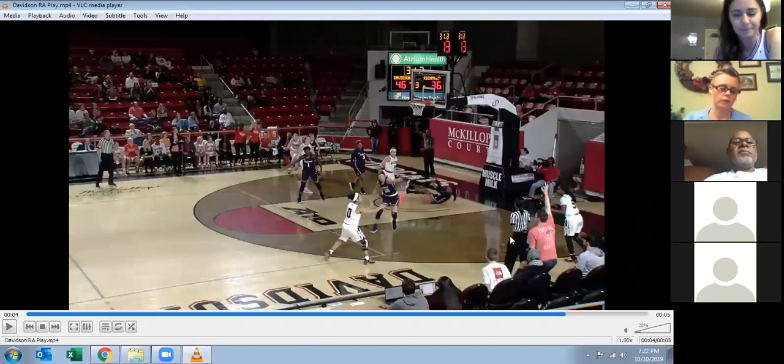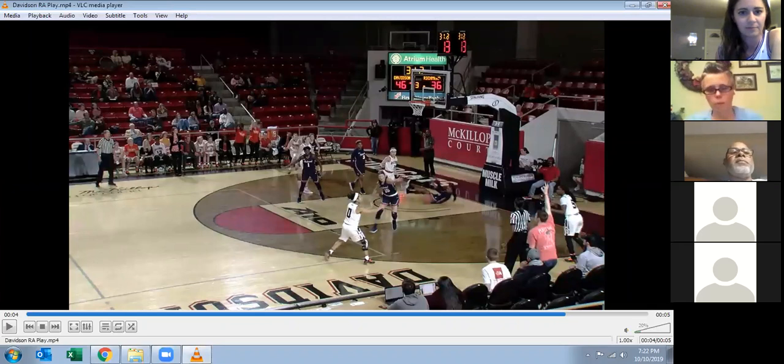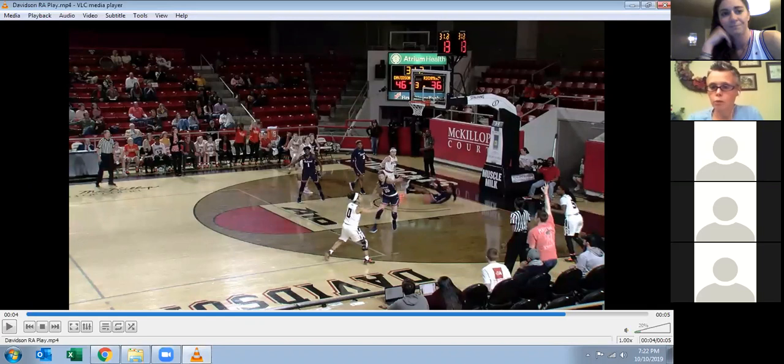Exactly. If we have a block, that means she's not legally established in her guarding position at all. She didn't get there. She's not facing, no 2 feet on the floor. She's responsible for that contact because she's in an illegal guarding position. So a block RA means she's in legal guarding position, but she's in the restricted area when the player starts her move outside the LDB.